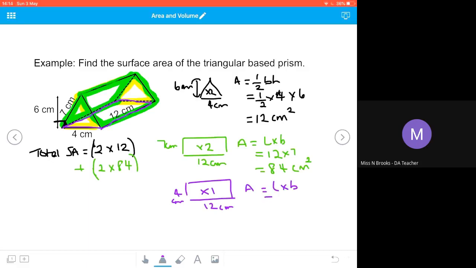It's going to be 12 times 4, and that's going to be 48 squared centimeters. And so we're going to have to add on 48 to our total. And if we add all of that up together, we're going to end up with a total area of 24 plus 168 plus 48, which gives us 240 squared centimeters, and that's our surface area of our triangular based prism.